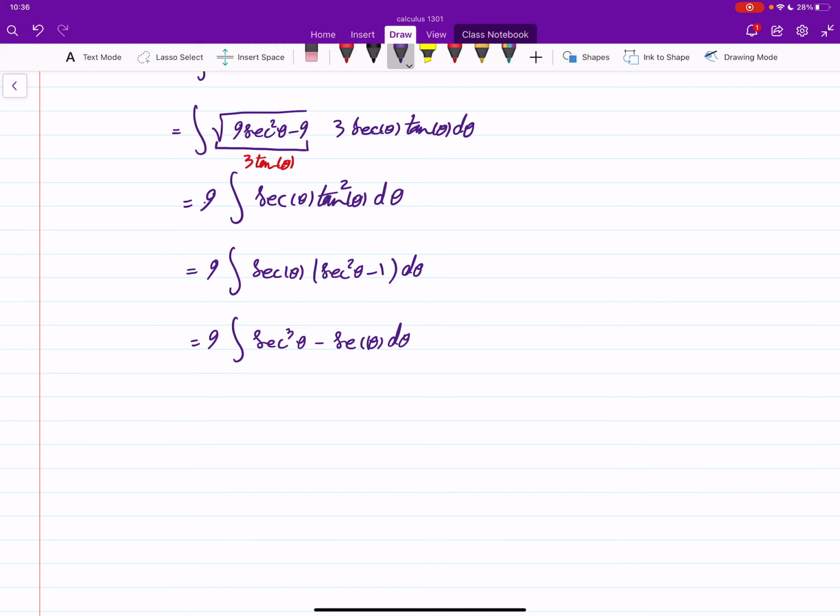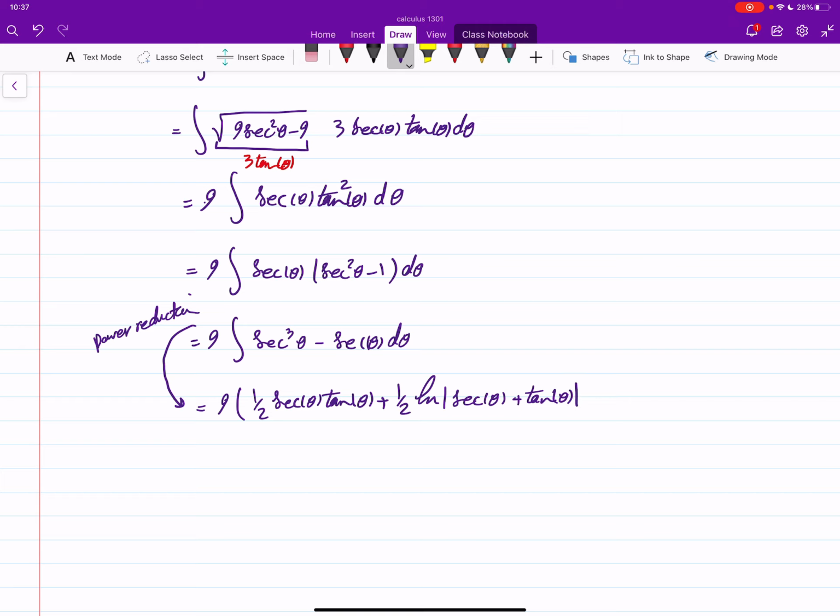The integral of secant cubed, we have done several times, but one way to do it is reduction, the power reduction formula for powers of secant. Let me just write the final result here. It will be half of secant theta tan theta plus half of ln of secant theta plus tan theta.